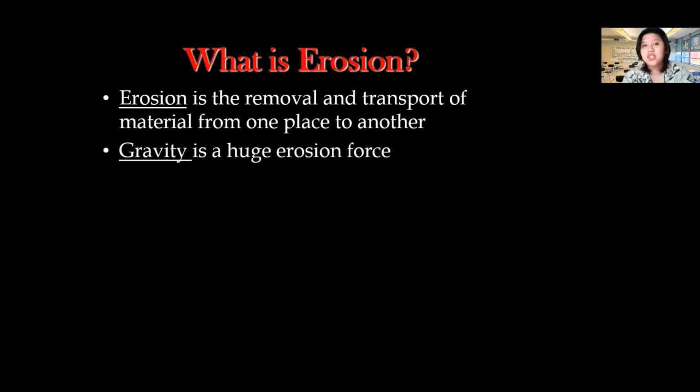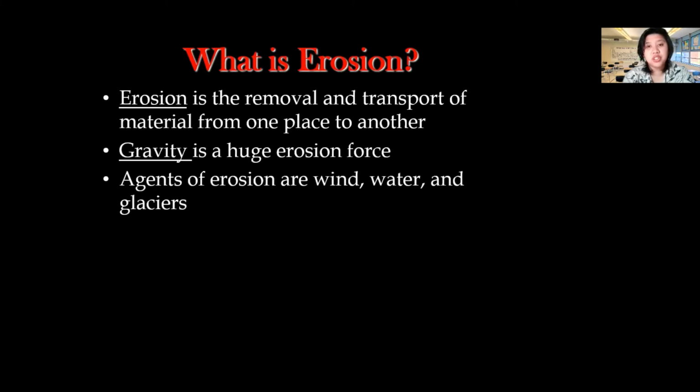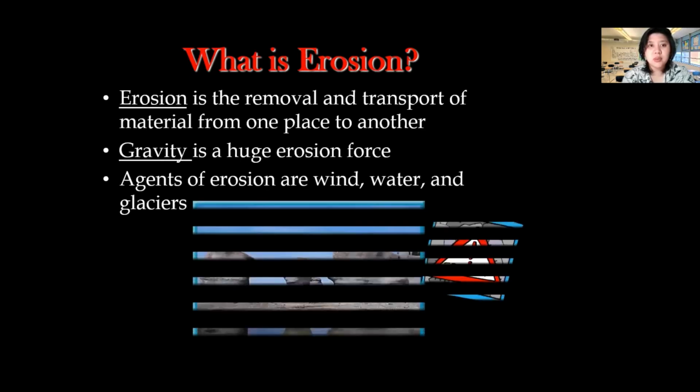This is due to gravity and other agents of erosion such as wind, water, and glaciers. Some locations would also allow sea waves or ocean currents to permit the transportation of one material to the next.